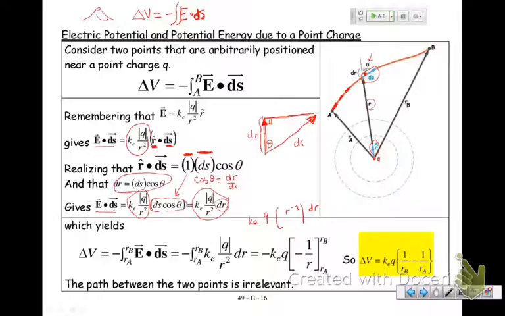And then, well, increase the power by 1 and put it in the denominator. That gives me that, which gives me that. And there's the take home. My change in potential between these 2 points, going from A to B, is equal to k_e times Q times 1 over r_B minus 1 over r_A.